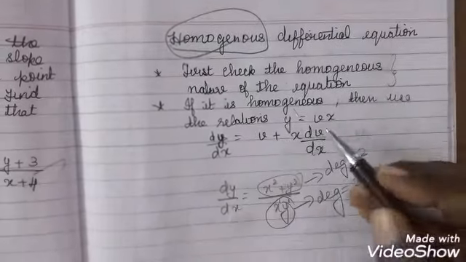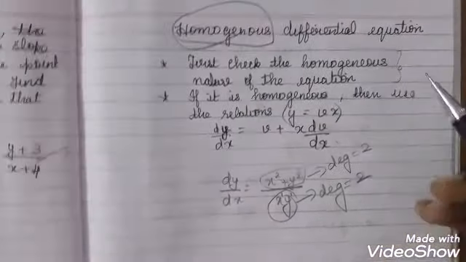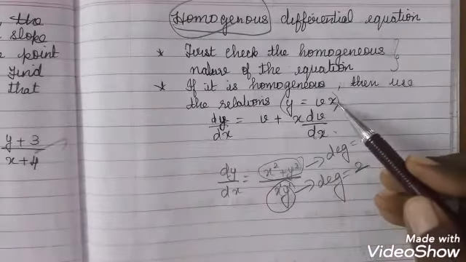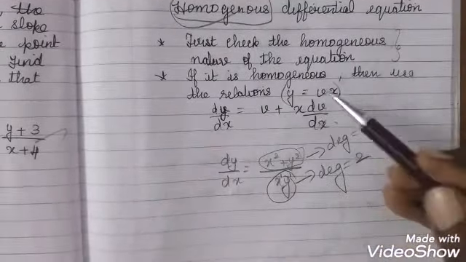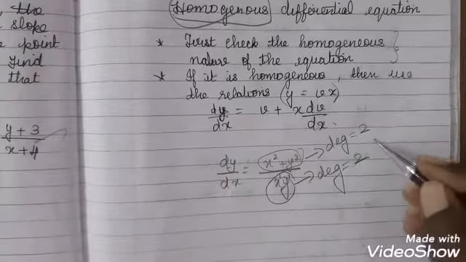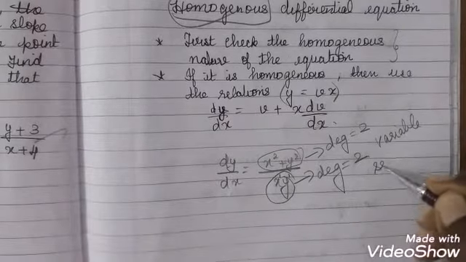Next, you make a substitution, that is, put y is equal to v into x. So when I put y is equal to v into x, what is your dy by dx equal to? It's v plus x into dv by dx. After substituting this, the next step is the variable separable method, what we did in the previous exercise.